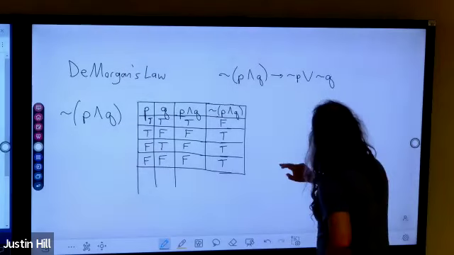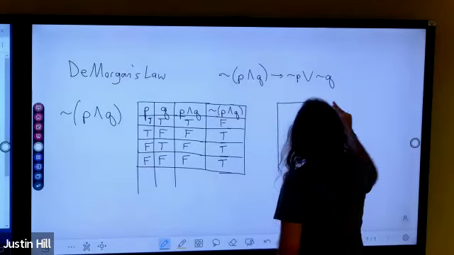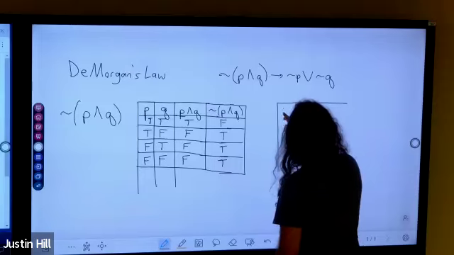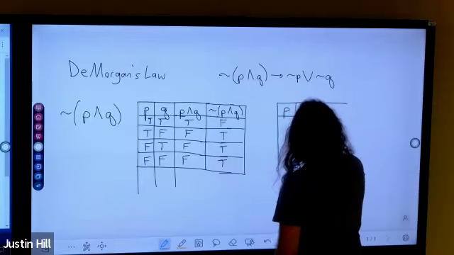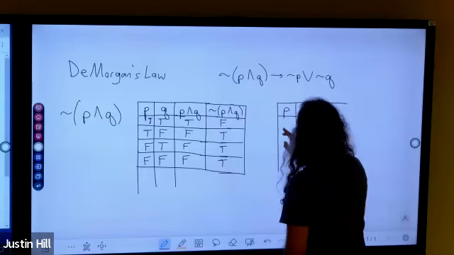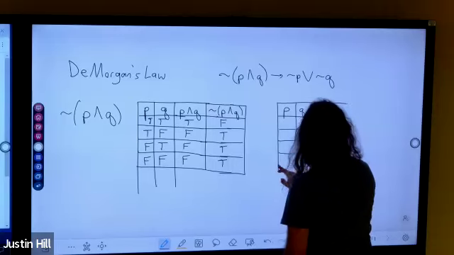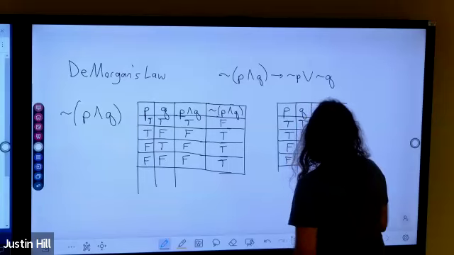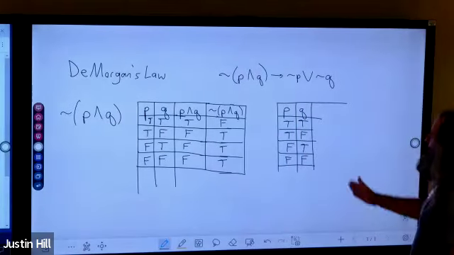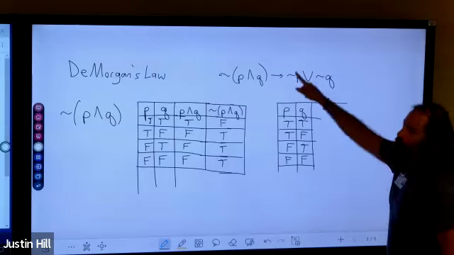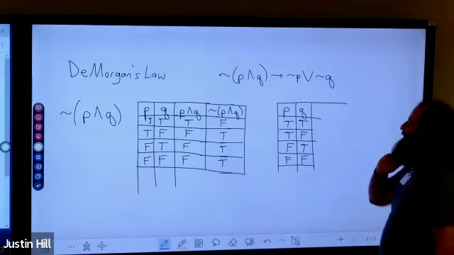So we're going to build another table and we're going to write P and Q the same way, with the same inputs, in the same order. So true, true, true, false, false, true, and false, false. And then from there you're going to build this statement.